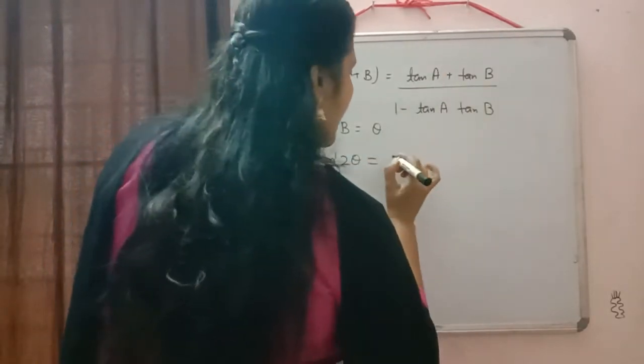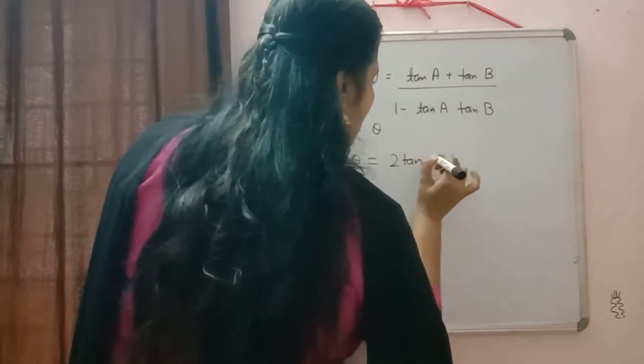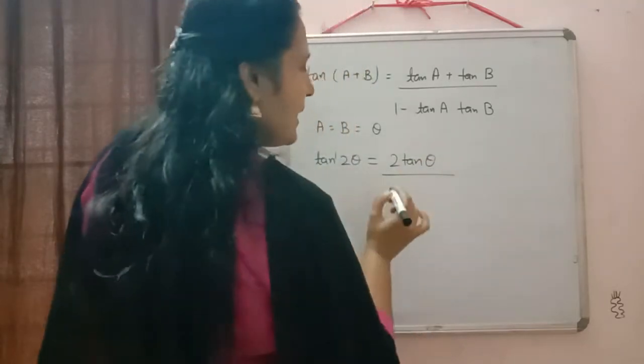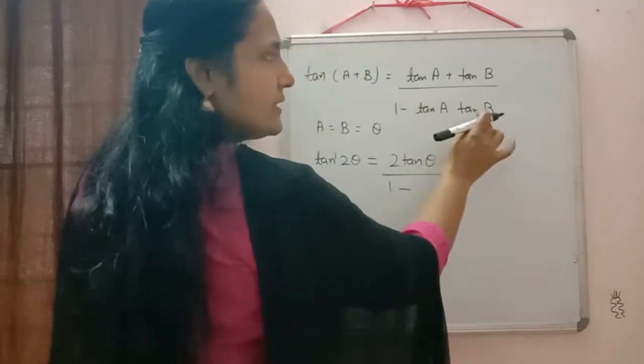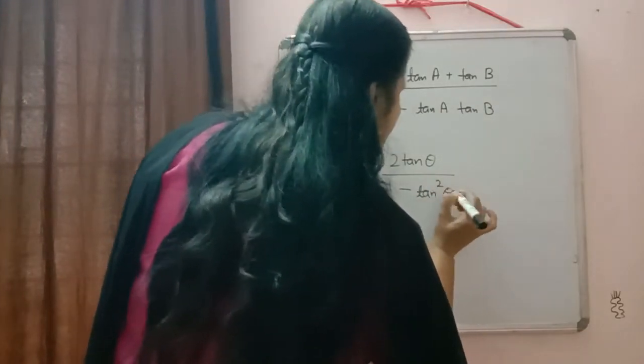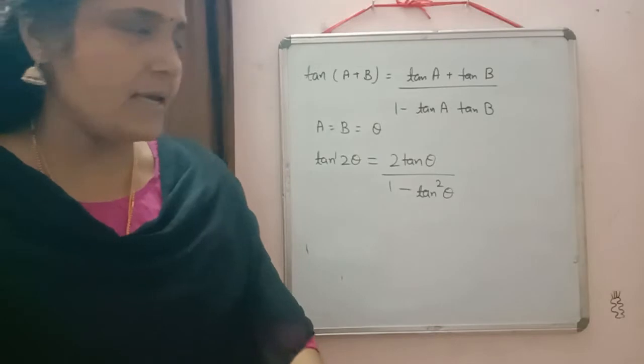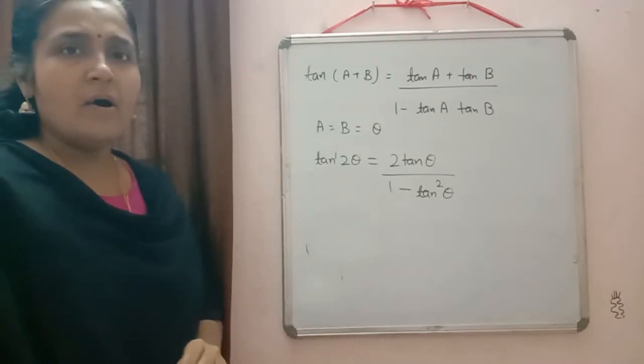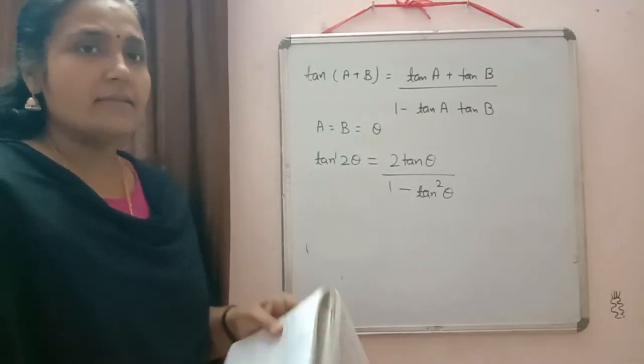Tan theta plus tan theta. So that will be equal to 2 tan theta by 1 minus tan theta into tan theta will be equal to tan square theta. So tan 2 theta is 2 tan theta by 1 minus tan square theta.